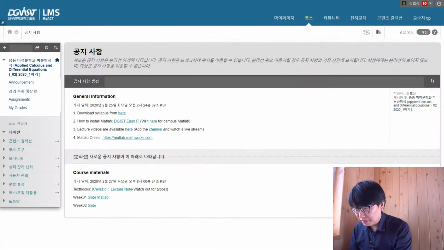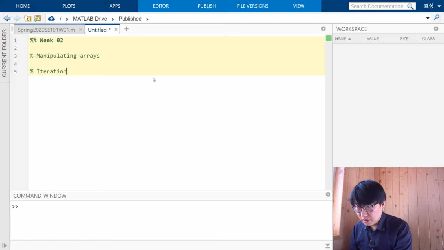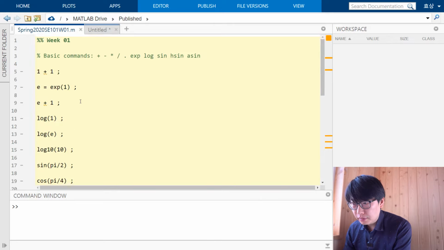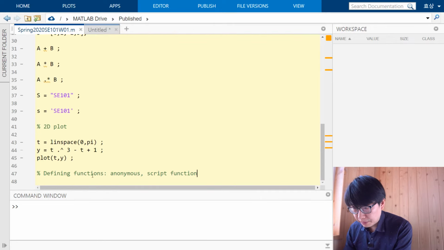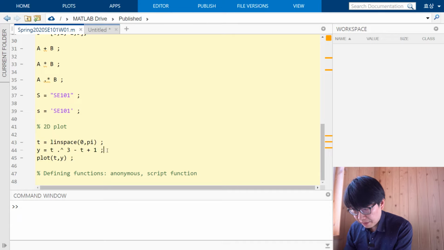Okay, so let's move to MATLAB. Let me start from where we stopped. We tried to plot the graph of a function last time.